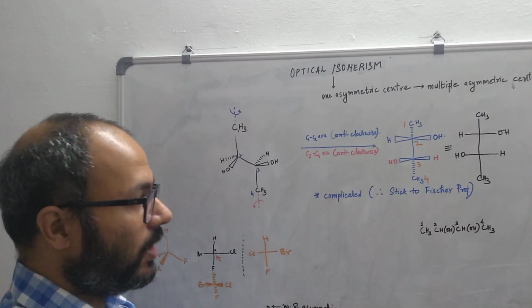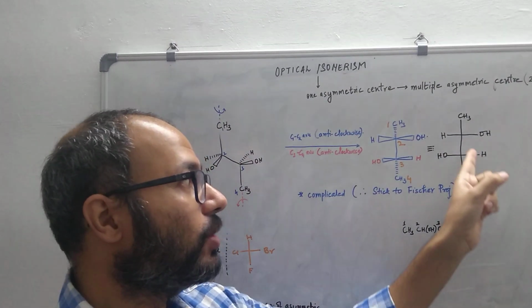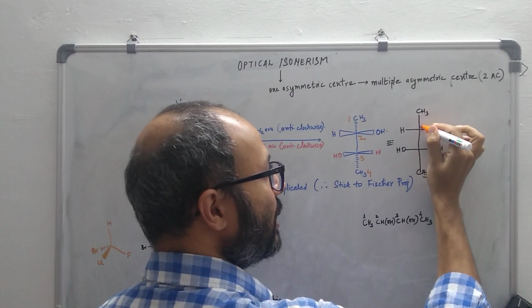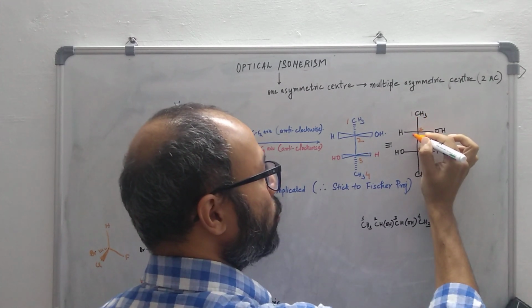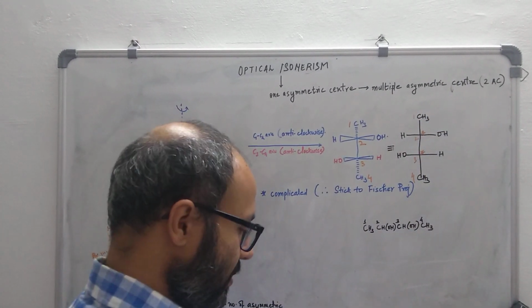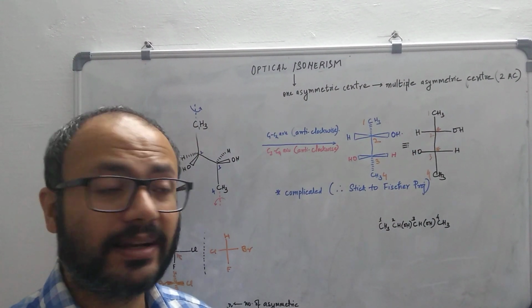Okay. Now here in this compound, how many asymmetric centers do you have? You will have 2 asymmetric centers. If I number it 1, 2, 3, and 4, there are 2 asymmetric centers where the 4 groupings are different.